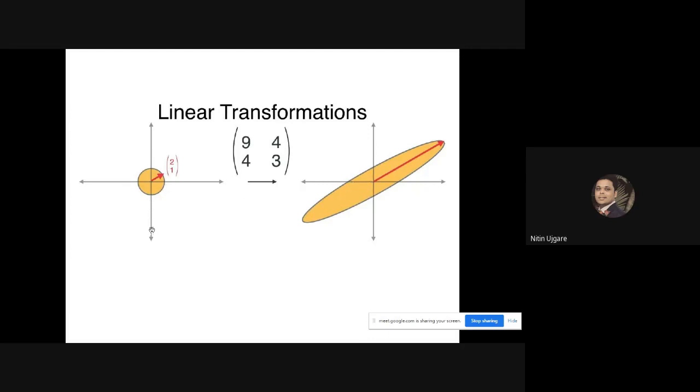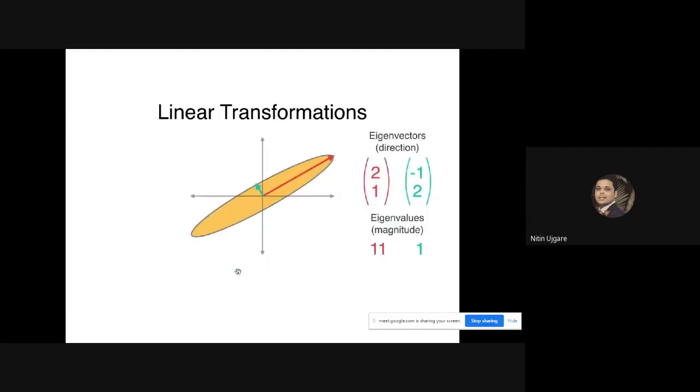Similarly, the other vector that I have used to project my points is the second vector, that is -1, 2, which shrinks the entire original hyperplane into an ellipse. So these are the two eigenvectors that I have got.